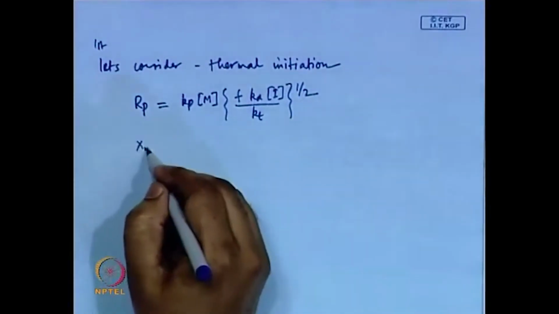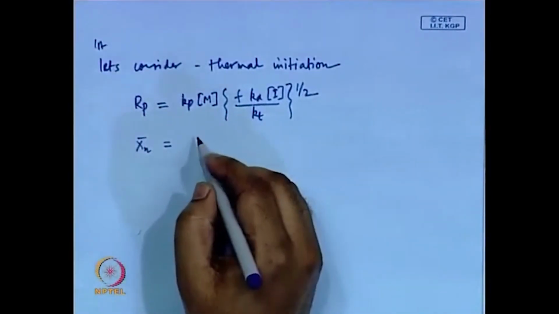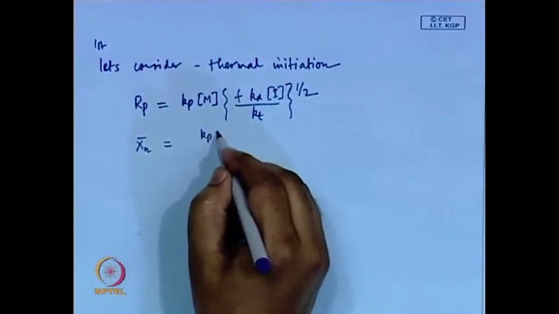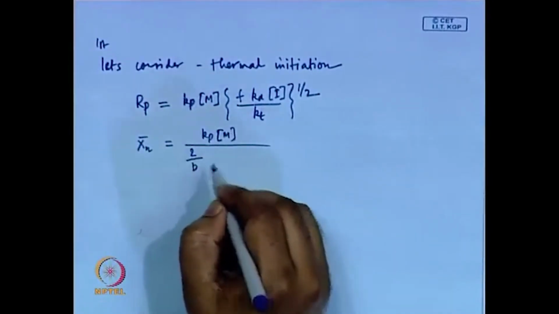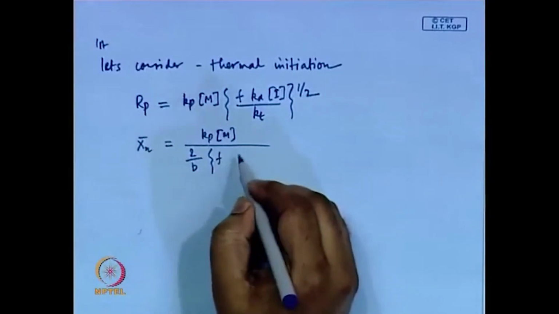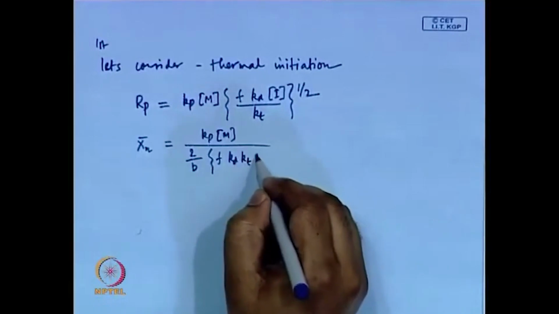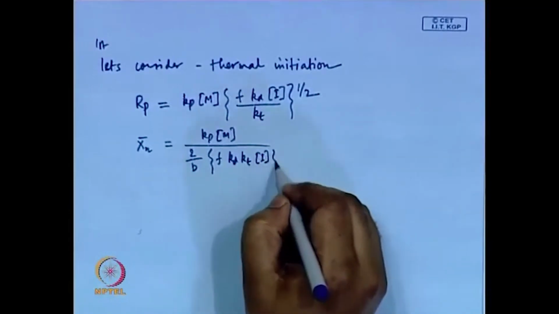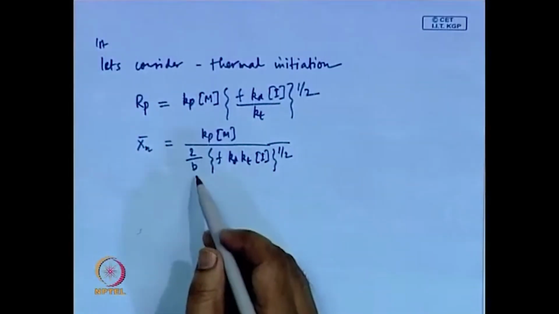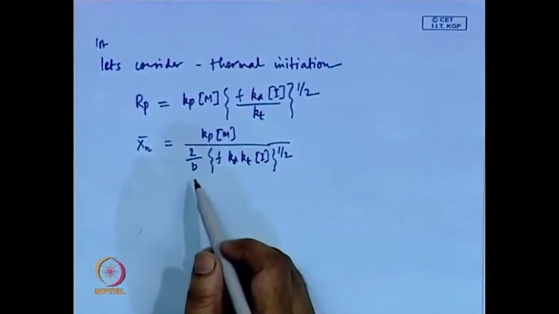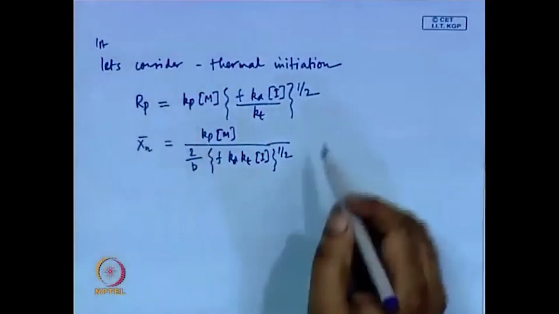You also know that Xn bar, the number average degree of polymerization, is given by an expression that we have deduced in earlier lectures, where B is the average number of initiator residues per polymer molecule.